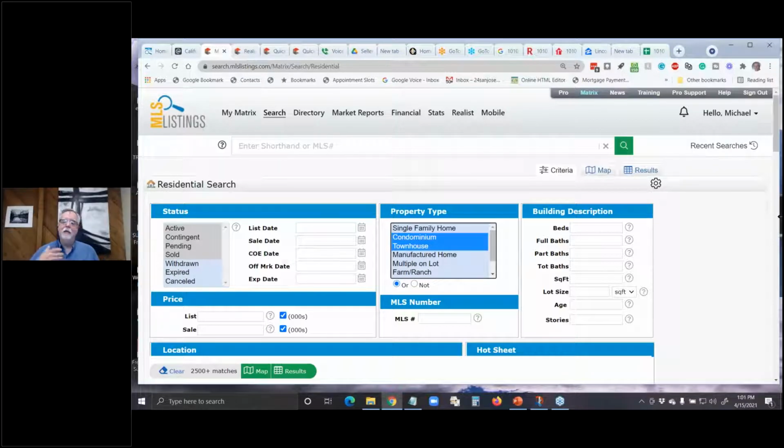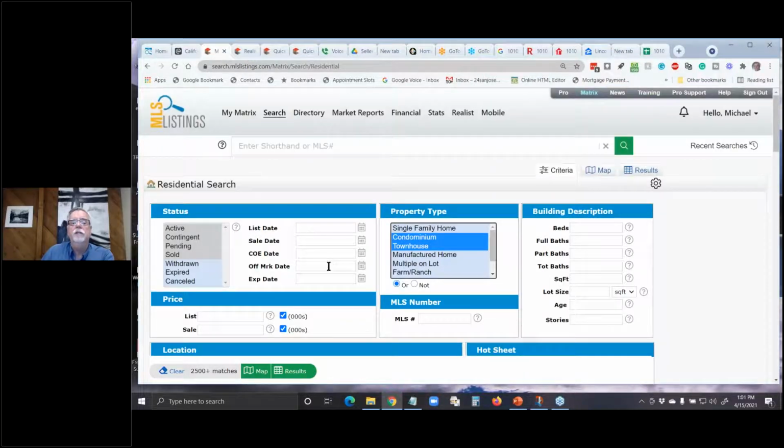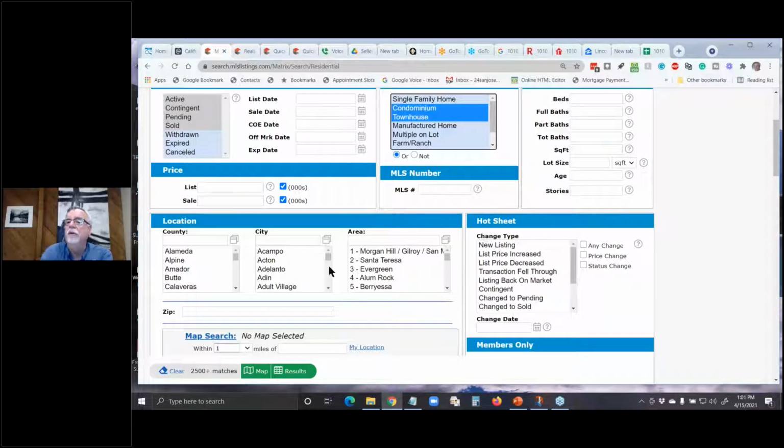Depending upon how the information is coded in the MLS, it could be coded as a condominium, which is why I'm throwing it in. If I happen to know that this is a 2-story or 3 stories, I might put that in the criteria to make sure I'm looking for something similar.